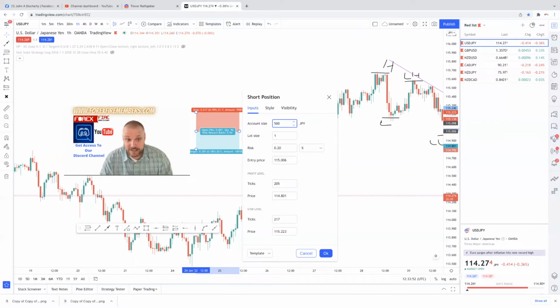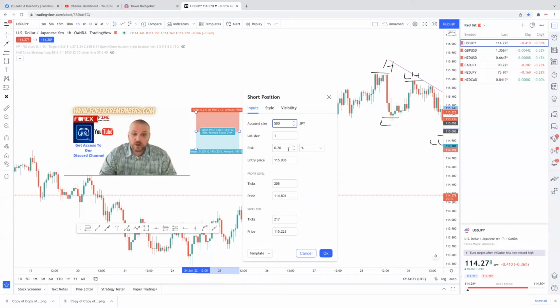Okay. Yes, this is Japanese yen. Ignore that for now. Let's just say you're doing dollars, you're doing sterling, you're doing yen, you're doing any sort of currency, but your account balance at this stage is 500 of whatever currency you're trading in, okay? You would always leave this lot size as a number one, okay? Always leave that as a number one.